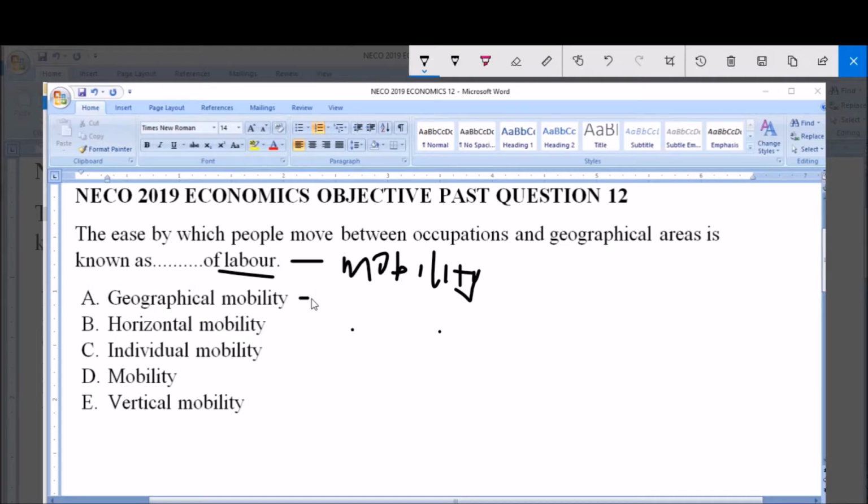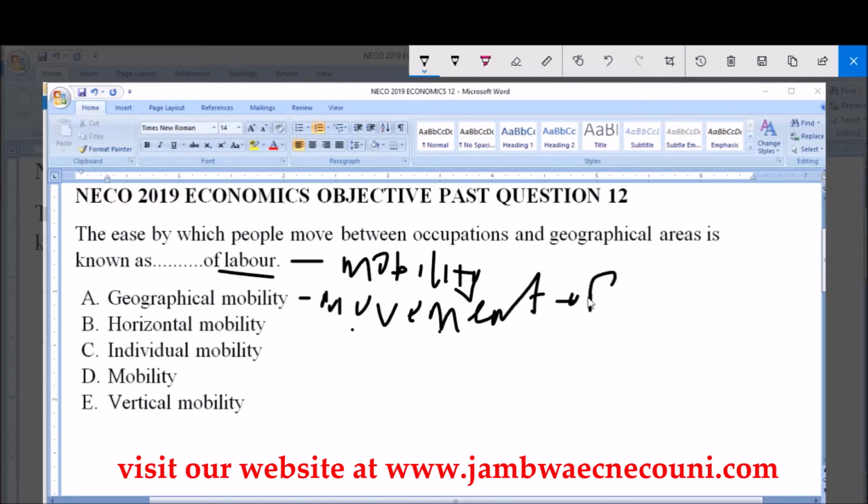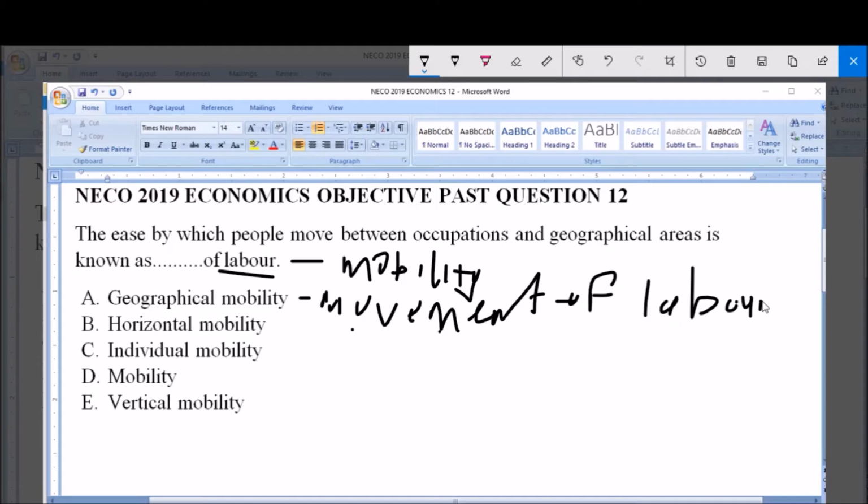So for geographical mobility, it involves movement of labor from one geographical location to another.